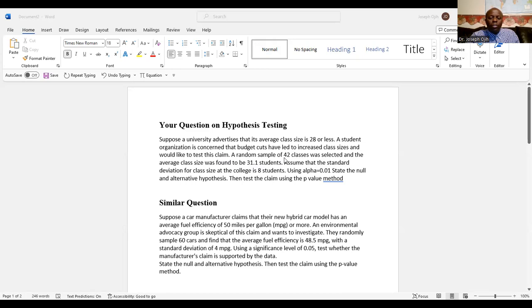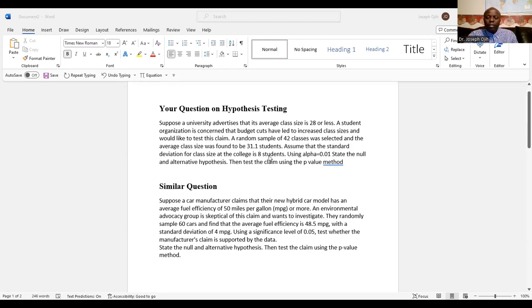A random sample of 42 classes was selected, and the average size was found to be 31.1 students. Assume that the standard deviation for the class size at the college is 8 students. Using alpha equals 0.01, state the null hypothesis and alternative hypothesis. Then test the claim using the p-value method. So, like I said, this is the homework question, the one I want you to solve.